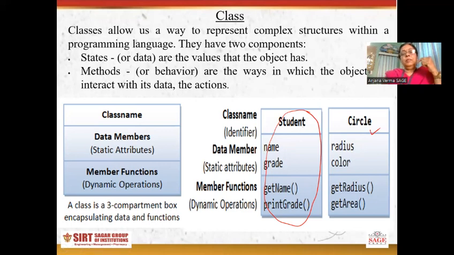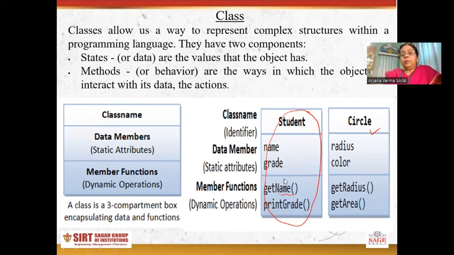The name of the student is very important, and grade is related to education. Now, the functions are get name. How will you input the name? With the help of this function, get name, and you print the grade with the print grade function. If you want to calculate the grade, you can put another function here, calculate grade.